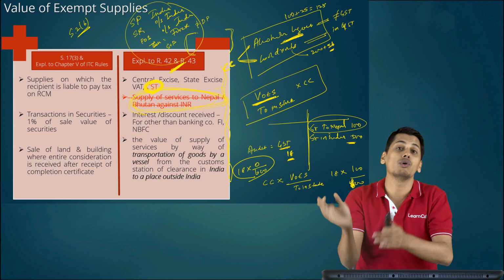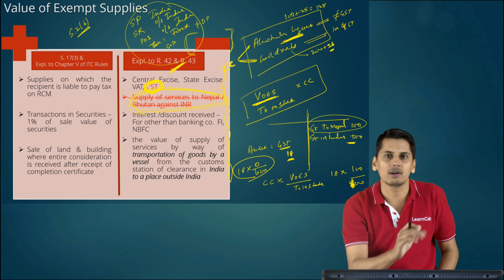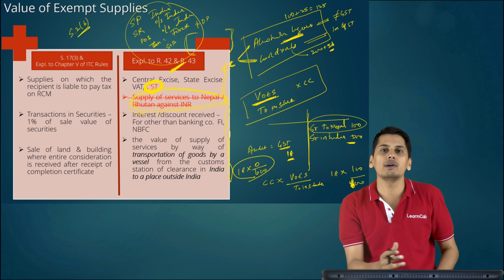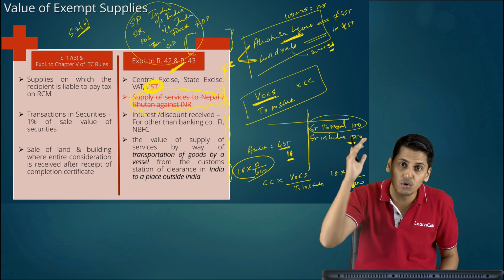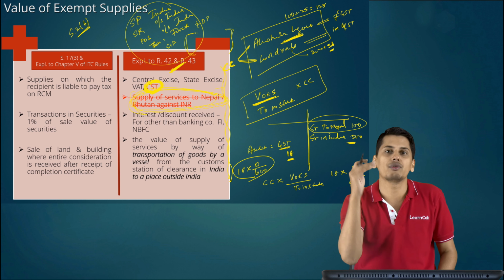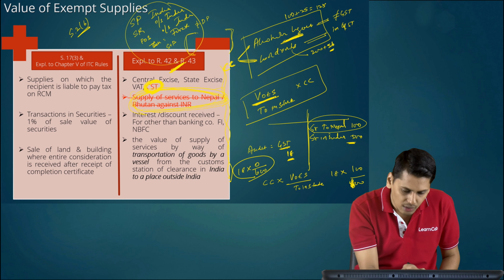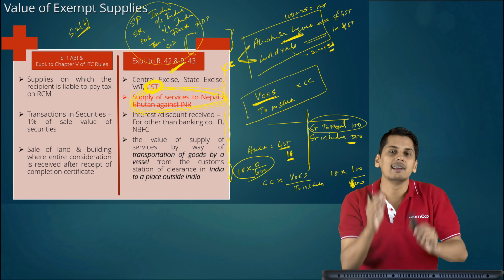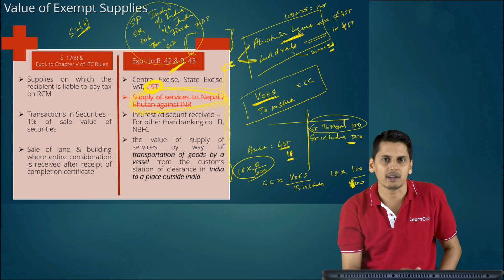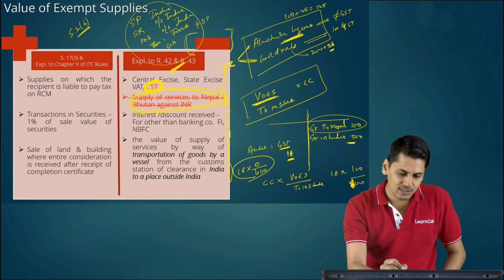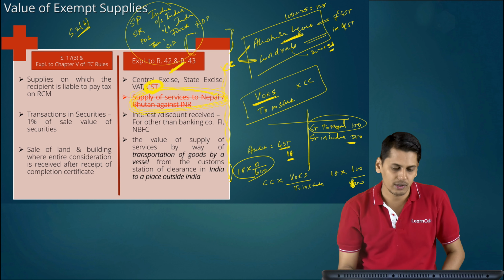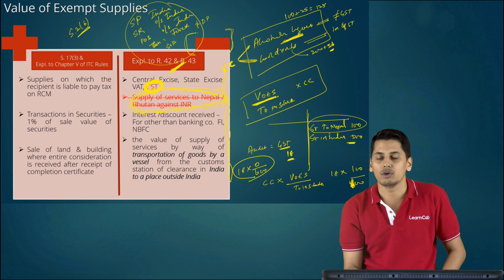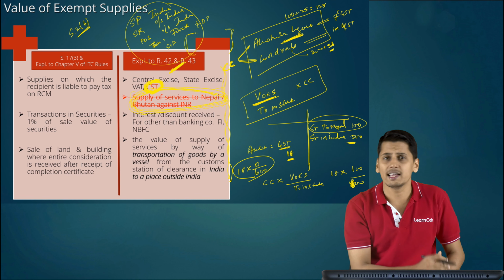So effectively there was no reversal which was required prior to the amendment. After the amendment also there is no reversal required, but there is no more role of the explanation to rule 42 and 43 to remove the supply of services to Nepal and Bhutan, because these have now become a zero rated supply. So these are the changes which were there in the explanation to rule 42 and 43. Accidental omission of CST has been rectified.